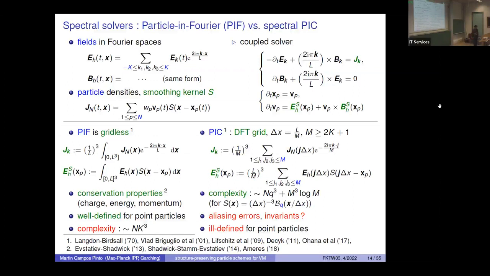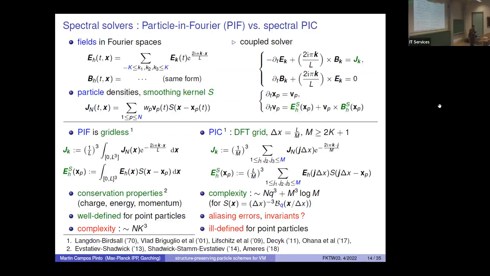So basically for the one on the left, you're hoping that you have a representation where you can do those operations by hand, really. Representation for J and E. Yes, so here, if you have point particles, then you just evaluate. It's very simple. It's also expensive because then all the particles will talk to all the Fourier modes.